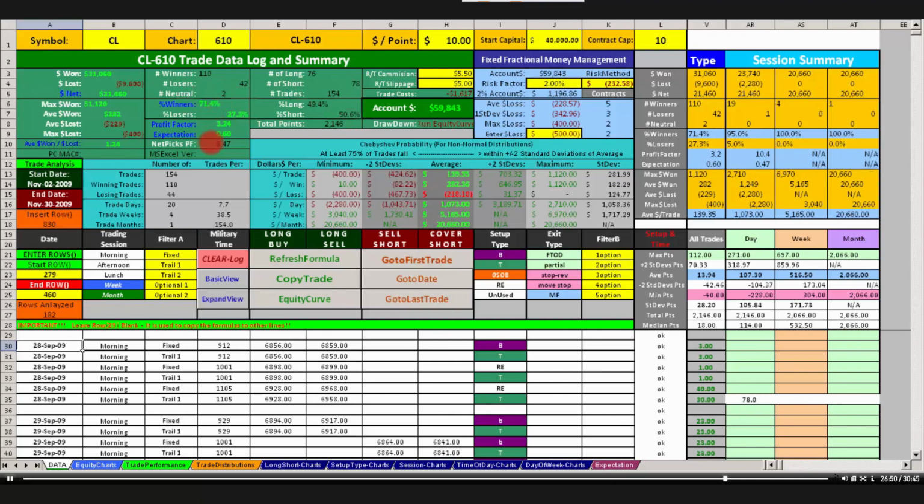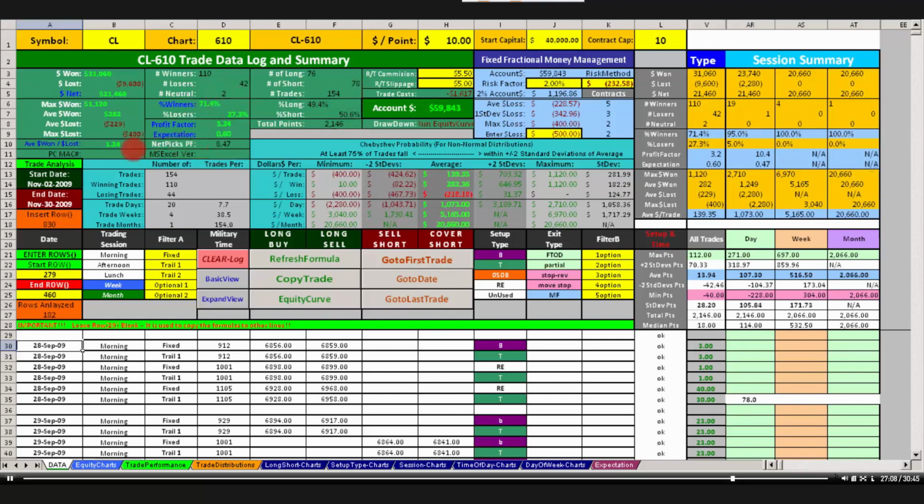Our expectation used to be about 0.47, and now it's 0.6, so that was a great month. Our profit factor went from about 2.7 to about 3.24 for that month.